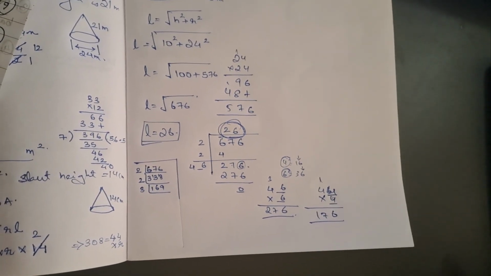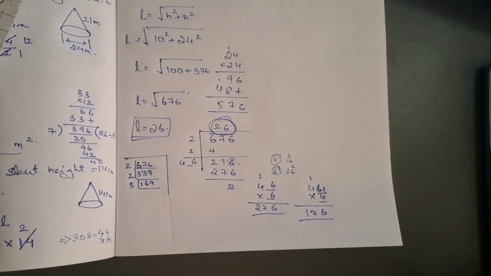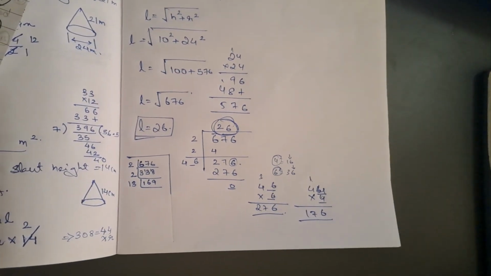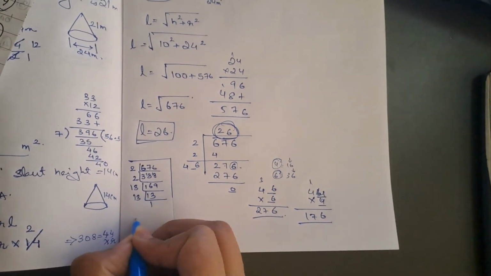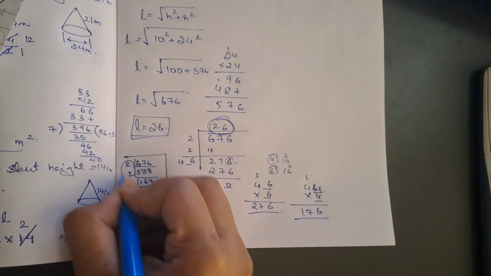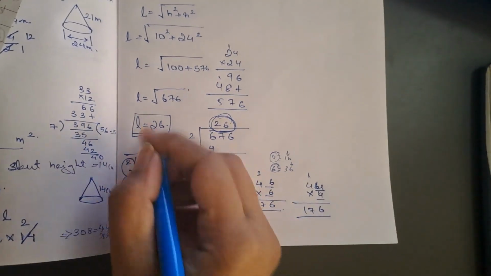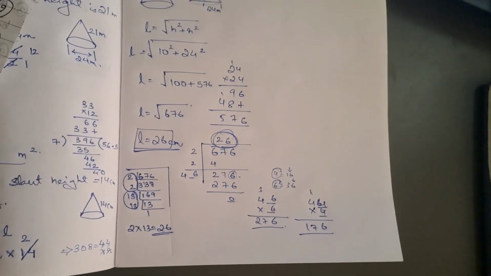So 169 divided by 3 is not possible. 169 divided by 13 goes. 13 times 13 is 169, and 13 times 1. So the answer will be 2 times 13. This is taken once, this is taken once. 2 times 13 is 26. So the answer is 26 centimeters. Do not forget to write the units again.